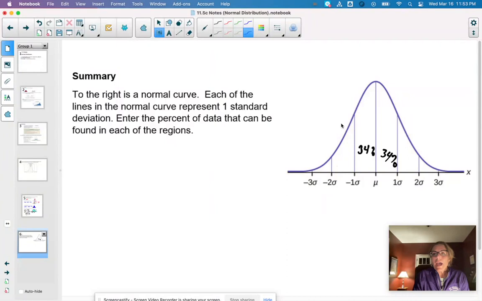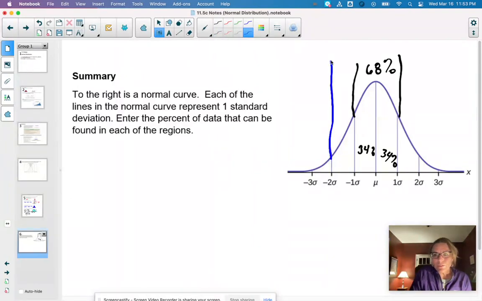Well, I know, so I'm going to go like this. I know that. Then this, I know, needs to add to 68%, and it does. So now I'm going to deal with the 2 standard deviations away from the mean on either side. I know that accounts for 95% of the data.